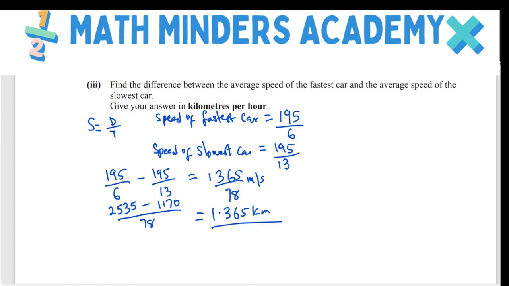Now the 78 seconds here, if you are converting seconds to hours, you are going to divide by 3,600. Okay. This is 78 over 3,600.